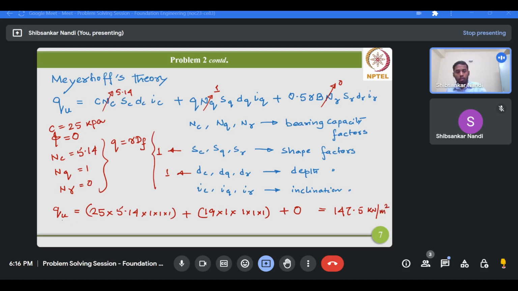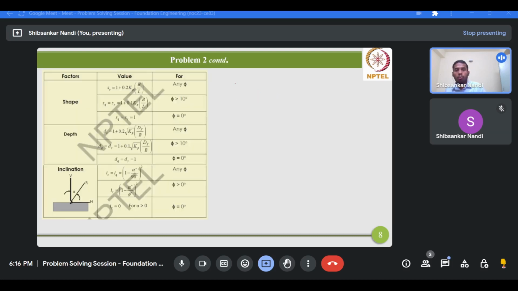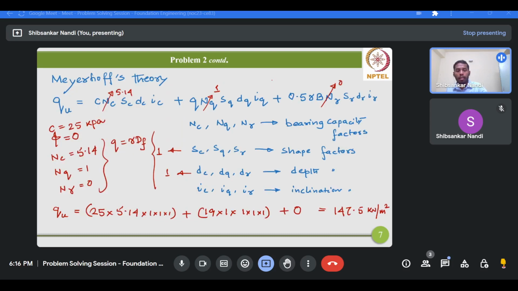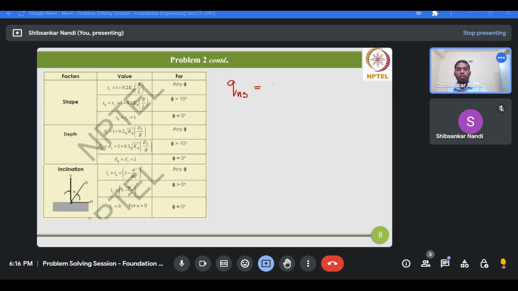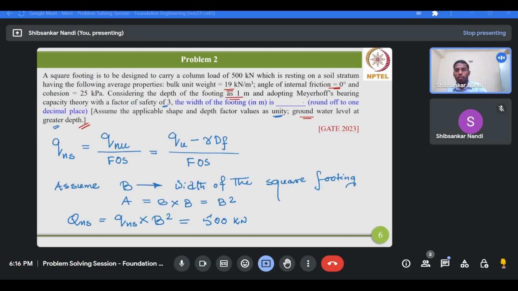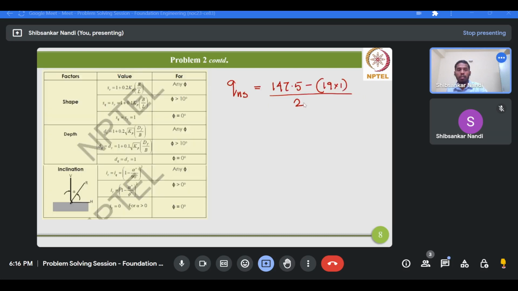So therefore, Q net safe would be QU minus gamma dF. So QU is 147.5 minus, gamma dF again 19 into 1, divided by the factor of safety value for this problem, which is 3.